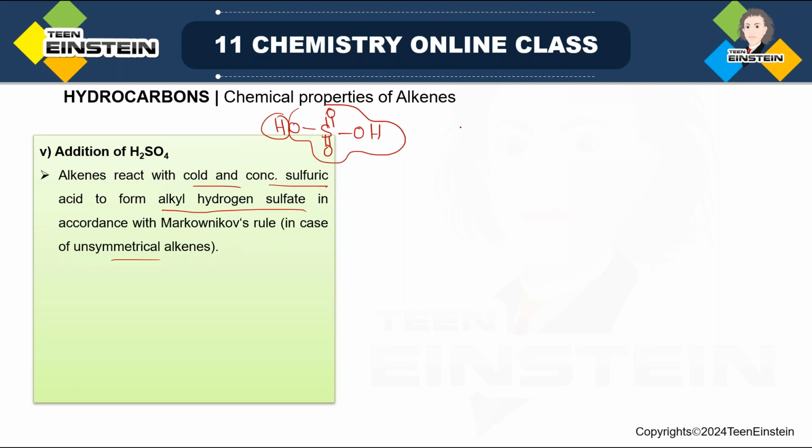So here if we take any general alkene and you are treating it with H2SO4, then on one carbon there will be addition of H, and on another carbon there will be addition of OSO2OH.